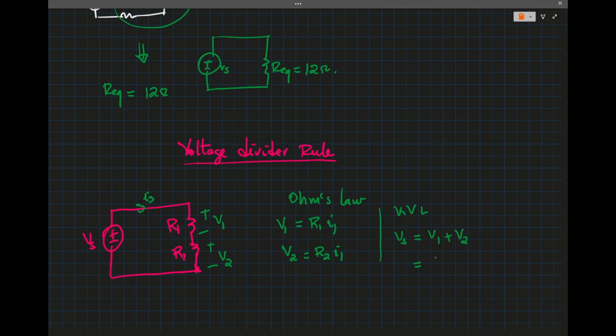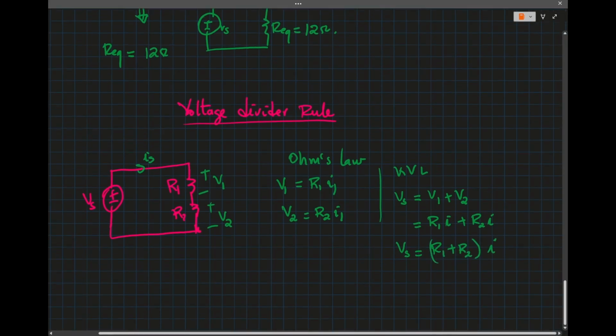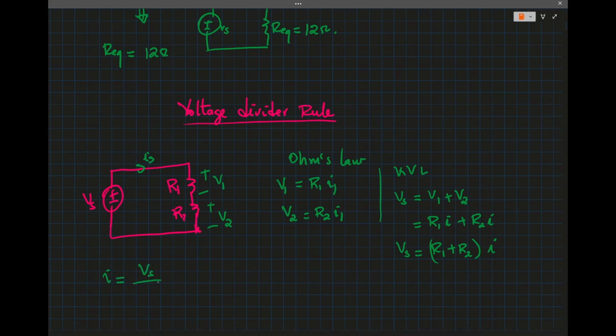So R1 I plus R2 I. So Vs equal to R1 plus R2 times I. So this implies that the current is Vs over R1 plus R2.